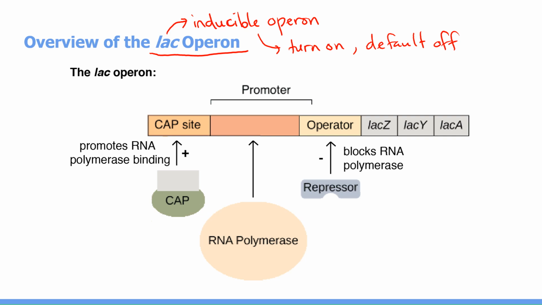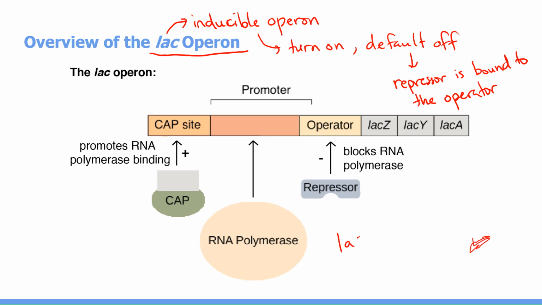And the only way for it to be off is if the repressor is bound to the operator. So how can we turn it on? So again, the presence of lactose.